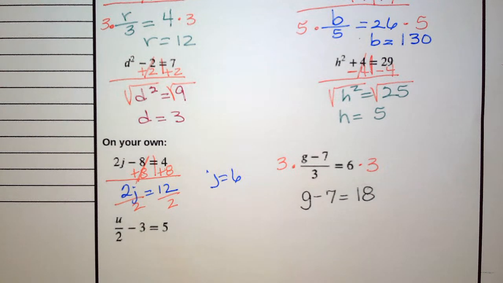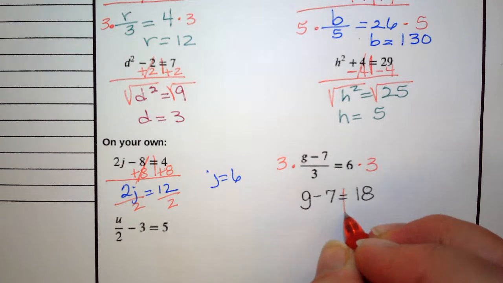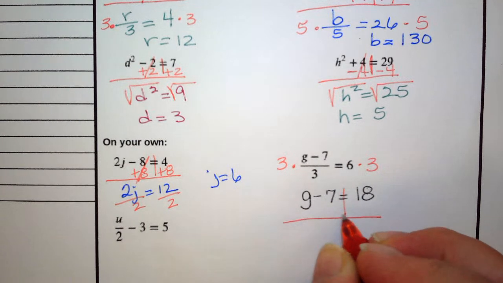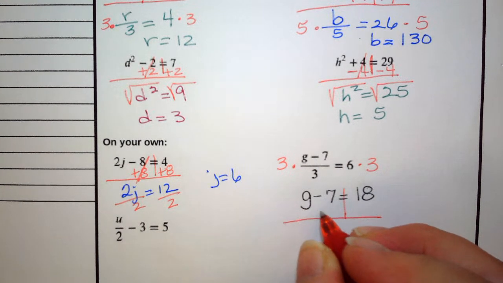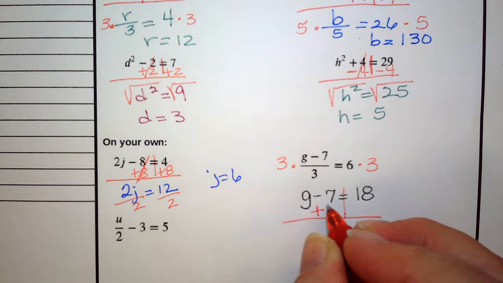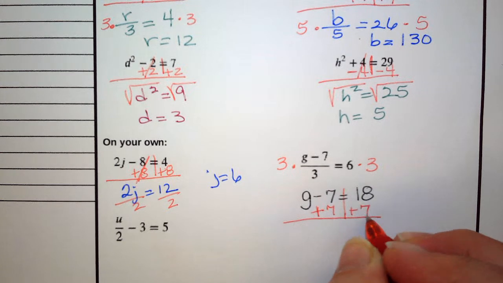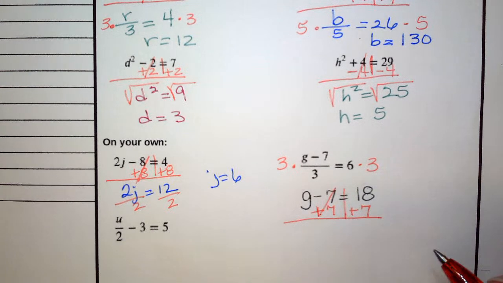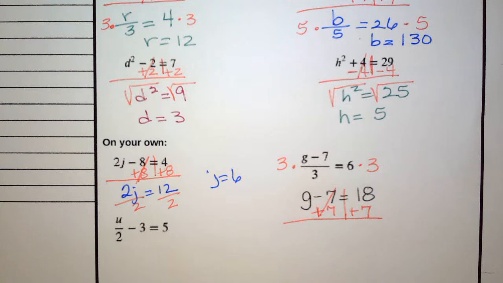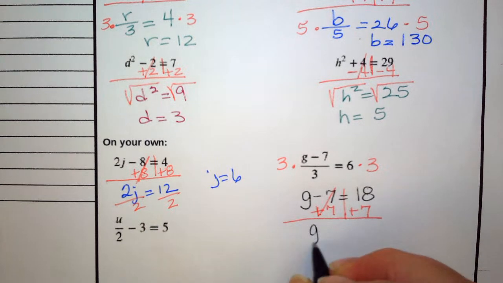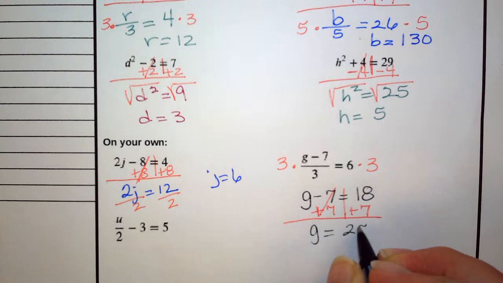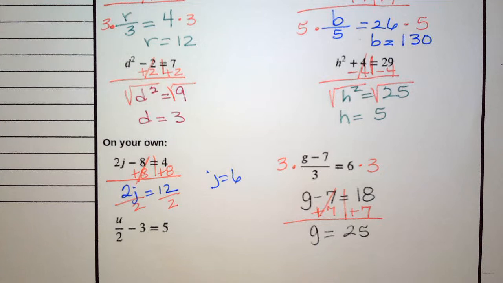Now I need my lines to keep everything straight. Minus, the opposite is plus. Plus 7 on both sides. Negative 7 plus 7 is 0. And g is equal to 25. 25 minus 7 is 18. 18 divided by 3 is 6.